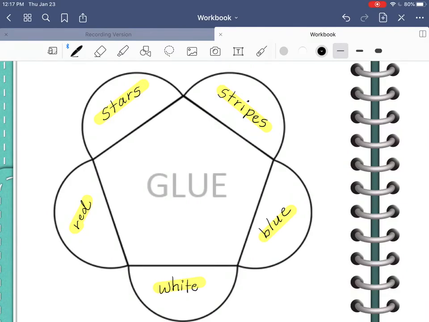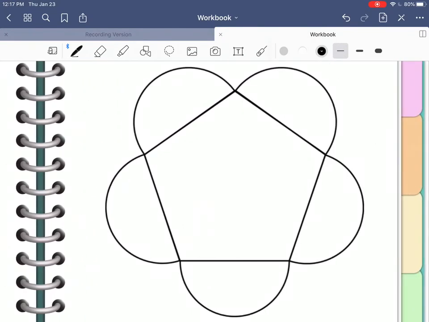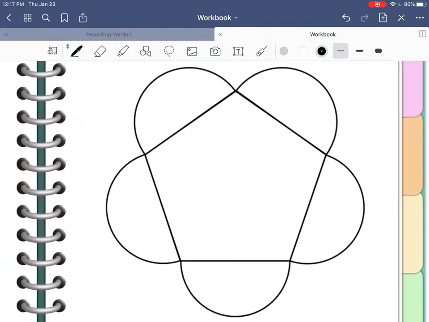And then turn it over so that the word glue is down on the table. And then you're looking at this. This is the other side of this picture. And the first thing that we need to put in there, do you remember, is the main idea. So we're going to say that same sentence again.